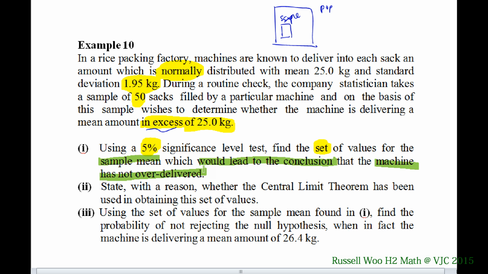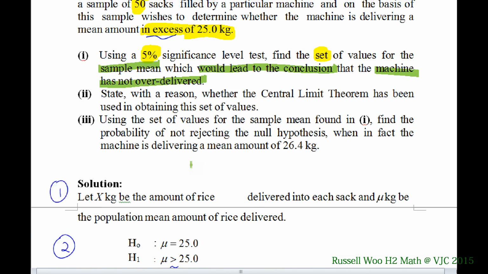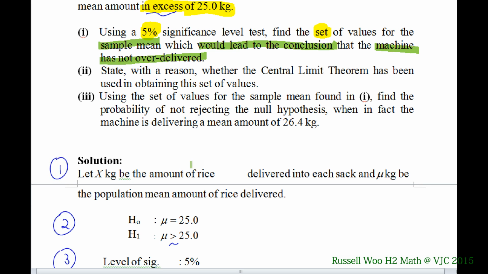Let's look very carefully. When you set up your test, if you reject H0, then the machine has over-delivered. Let's focus on the word over-delivered. I say one more time, if you reject H0, you are concluding that the machine has over-delivered. But now you want the conclusion that the machine has not over-delivered, which means you do not reject H0.